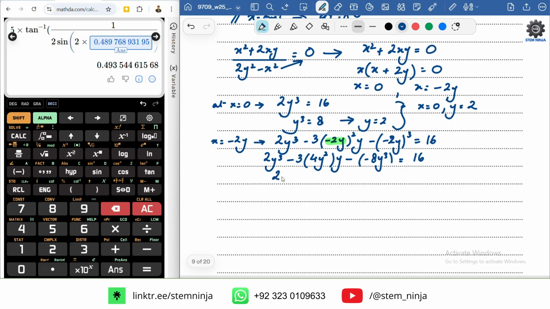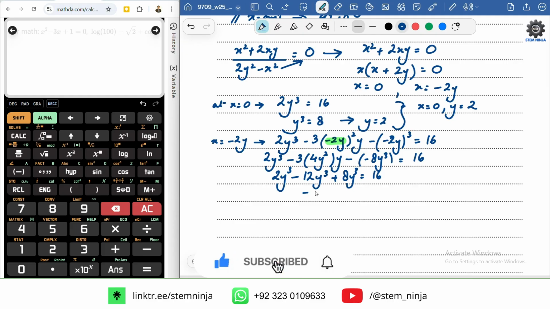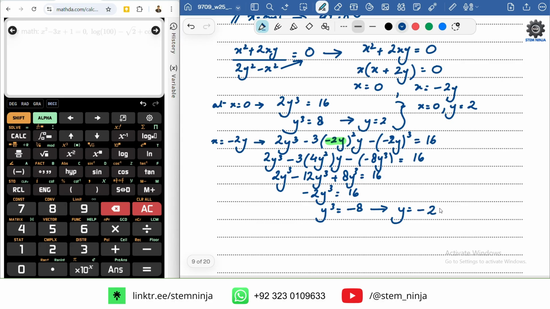So this one becomes 2y cubed minus 12y cubed plus 8y cubed equals 16. So 2 minus 12 is minus 10, plus 2 is just minus 2y cubed equal to 16. So y cubed is equal to minus 8. Hence you're getting y equals minus 2.